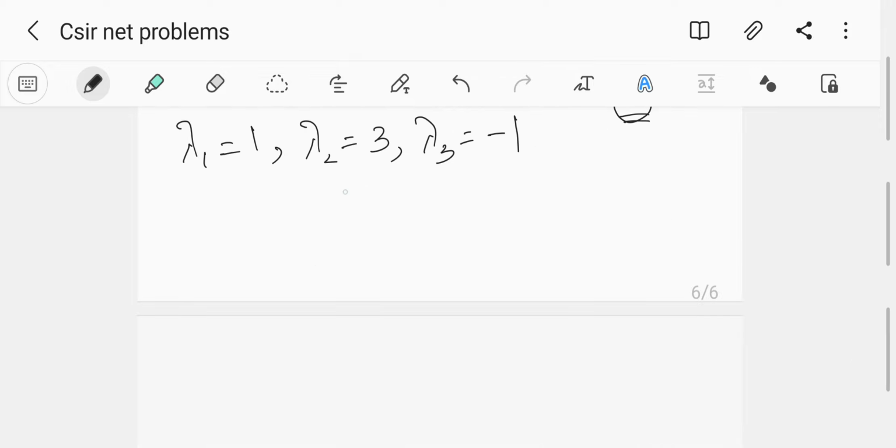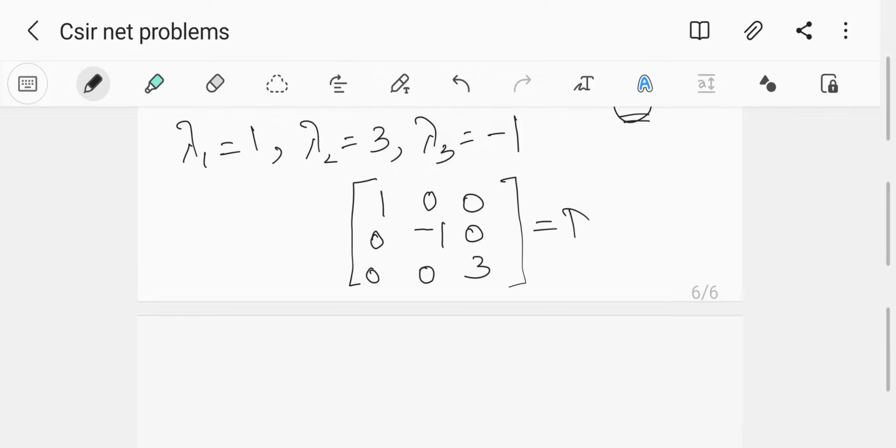The diagonal matrix will have the eigenvalues. Okay. So I can write it as 1, minus 1 and 3, with all the remaining entries as zeros. So this is the diagonal matrix.